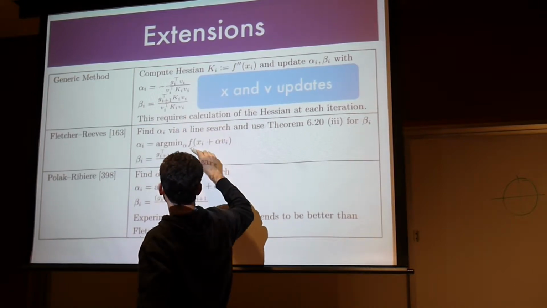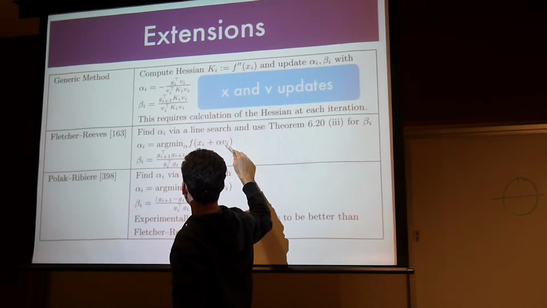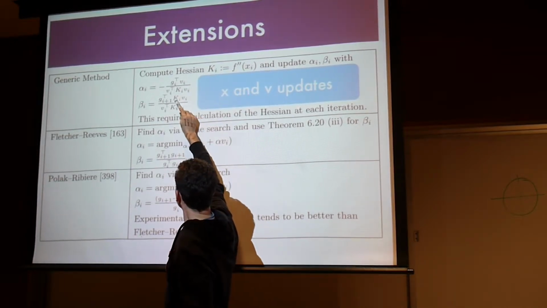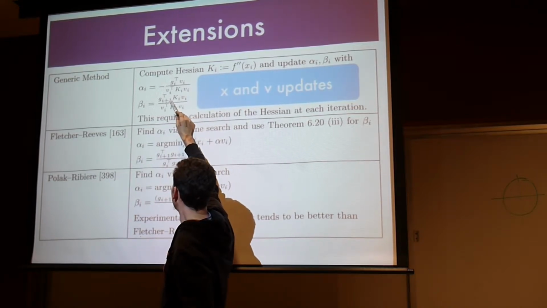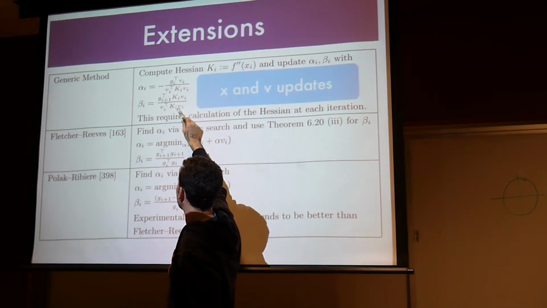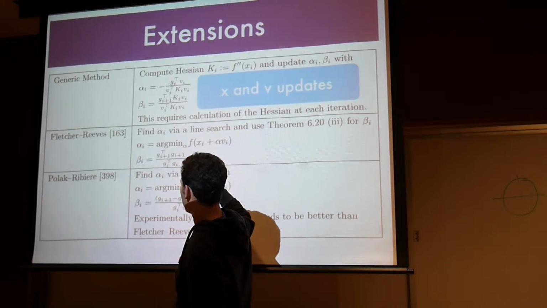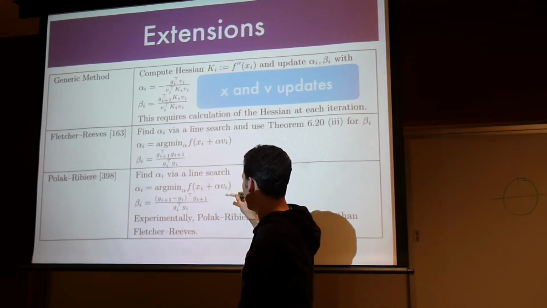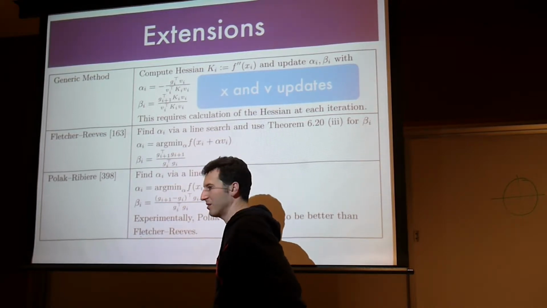Now Fletcher-Reeves basically replaces this first step with a line search, and then you can actually show that this term in the quadratic case is equivalent to g_{i+1} transpose g_{i+1} divided by g_i transpose g_i. And they just generalize accordingly. That's Fletcher-Reeves. And, well, Polak-Ribière does the same thing, except that they correct the gradient.